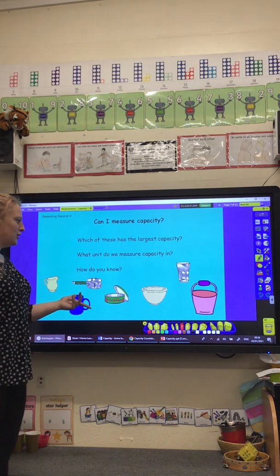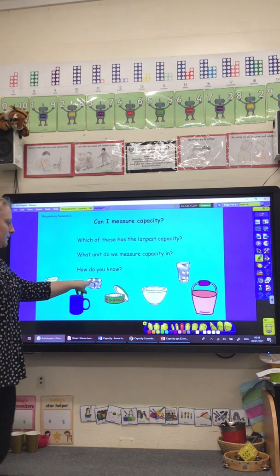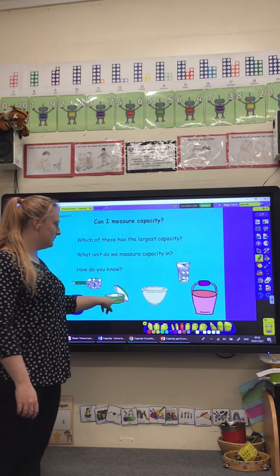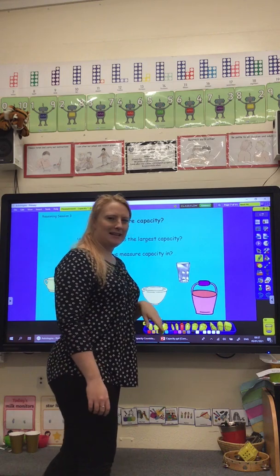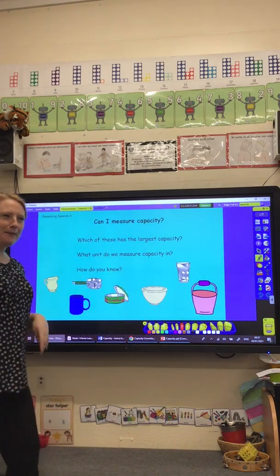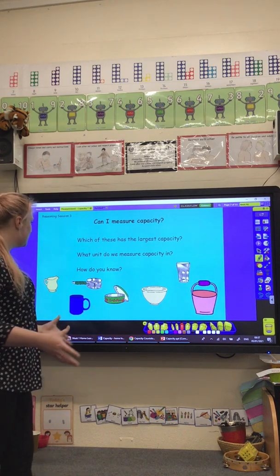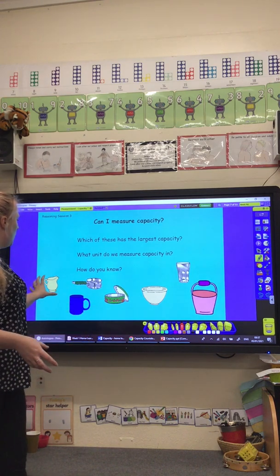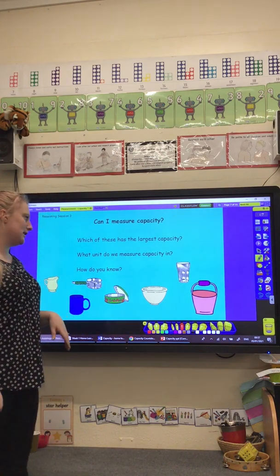So let's just look at the containers we've got. We've got a jug, a cup, a saucepan, a tin, a bowl, a glass and a bucket. Now thinking about when you've seen those things at home or anywhere else, anytime you've seen them, what container do you think holds the most liquid if we filled it up?